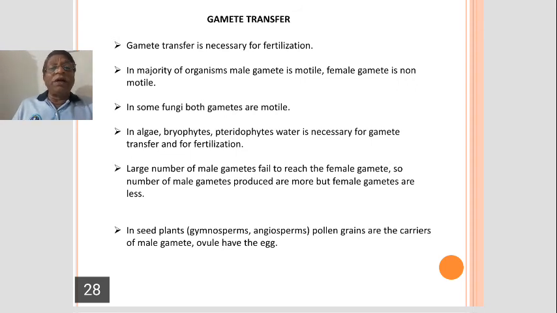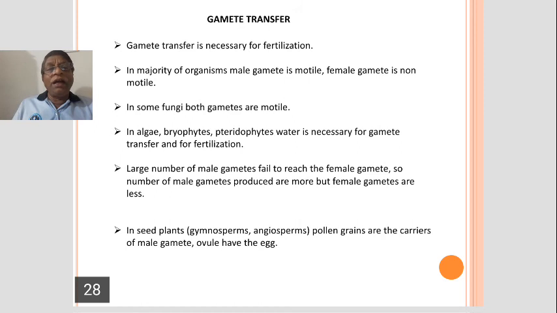In some fungi, both the gametes are motile. A neat point: in some fungi, not all. Okay. Now, if we consider the group algae, bryophytes, pteridophytes.